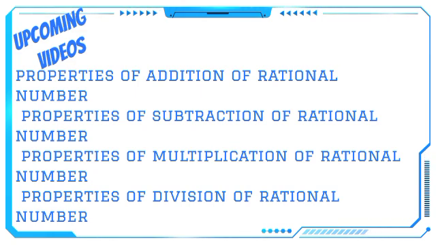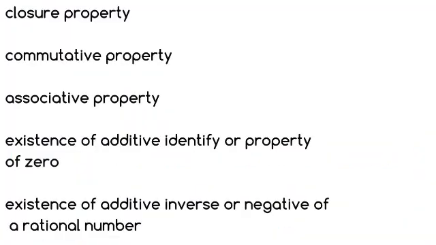The set of rational numbers is closed under addition, subtraction, multiplication, and division. The properties of addition, subtraction, multiplication, and division of rational numbers all have 5 common properties: closure property, commutative property, associative property, existence of additive identity or property of 0, and existence of additive inverse or negative of a rational number.